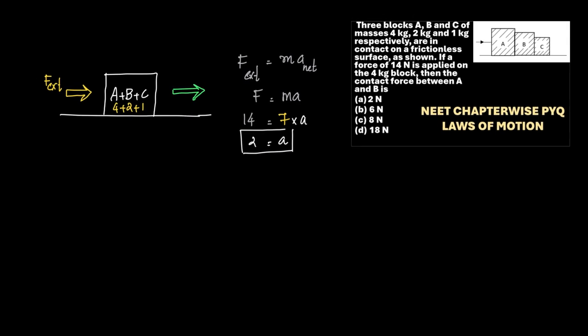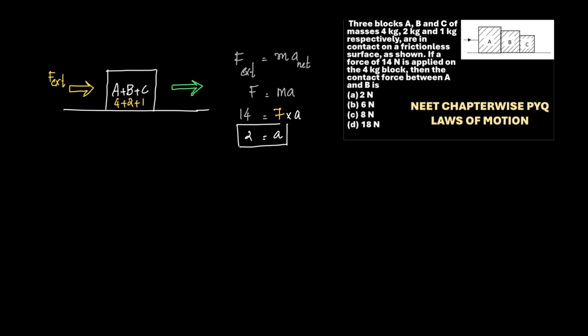Now let us see the case between A and B. So the contact force between A and B is... okay, let us draw the diagram for A and B. So this is figure A. Now I'll draw these bodies separately to explain what happens when they come into contact.